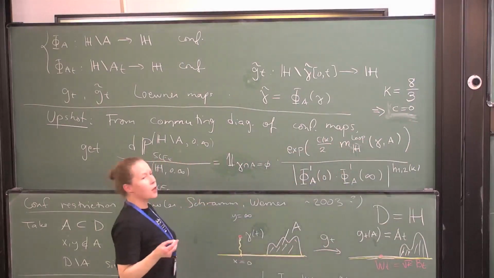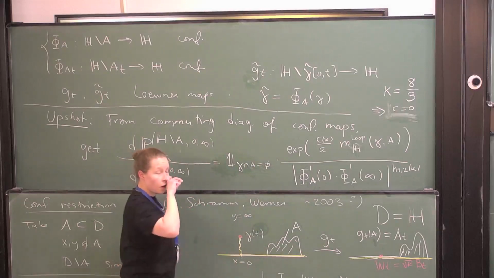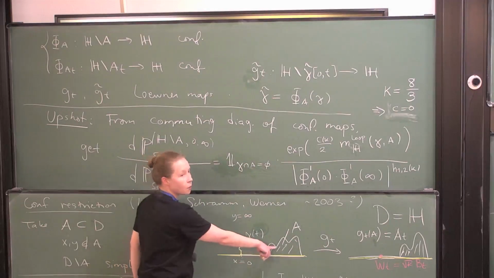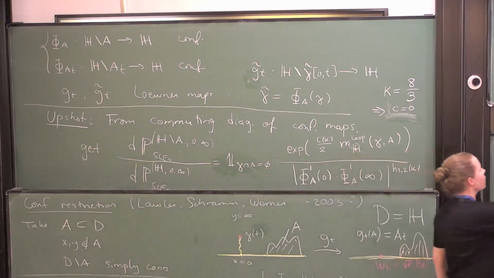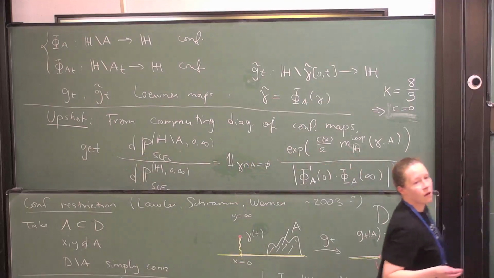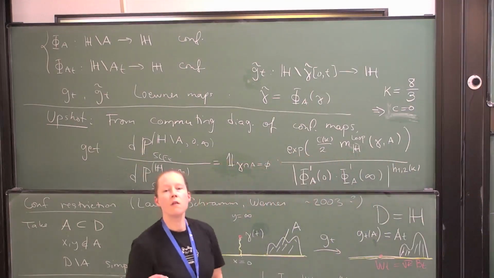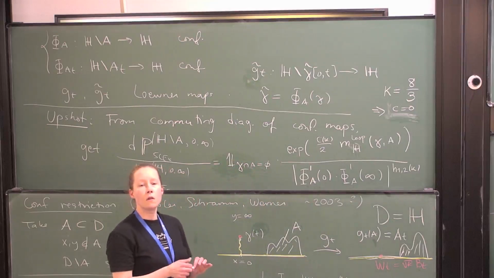Okay, yes. So kappa equals 6 you can also do, but you need a little bit more care, because the curve is actually almost surely going to hit this blob. And then when that happens, actually this one kind of blows up. But if the C is 0, it's not there. Yeah. So I think in the paper of Roller, etc., they express this as the integral of the Schwarzian of some map.